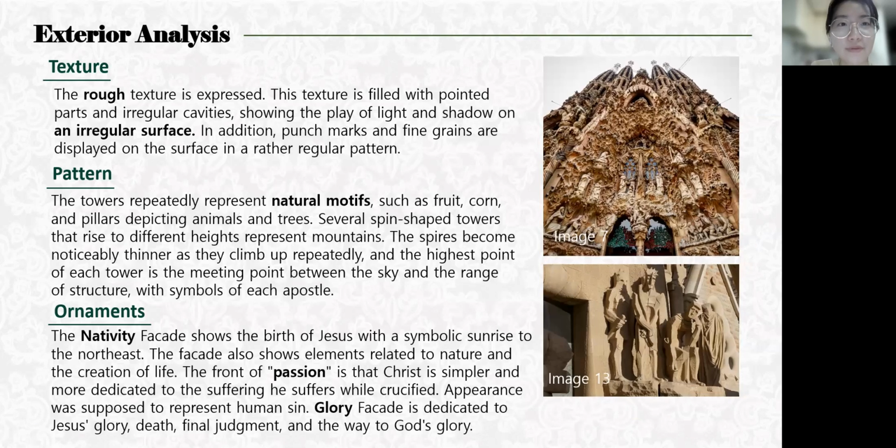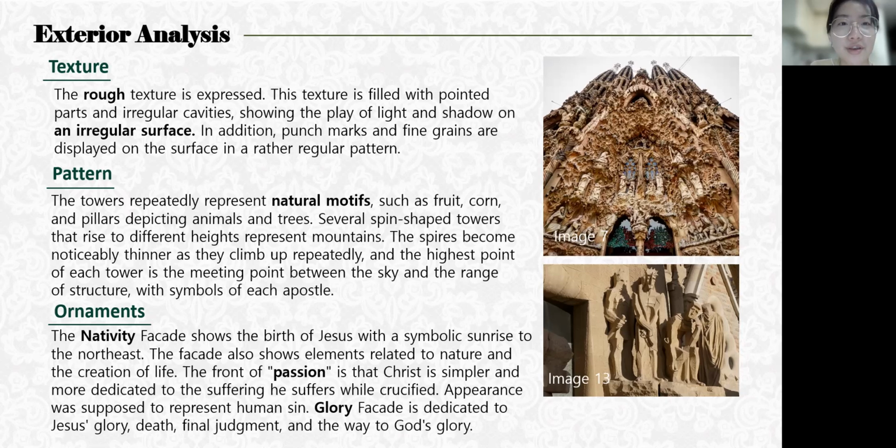The texture is expressed. And next, pattern. The towers repeatedly represent nature motifs such as fruit, corn, and pillars depicting animals and trees.